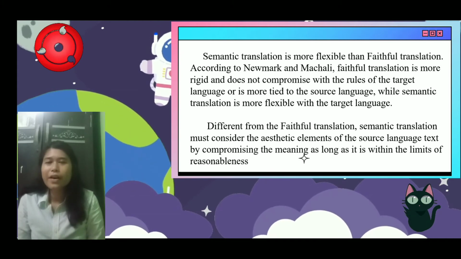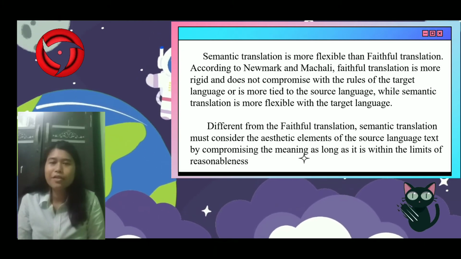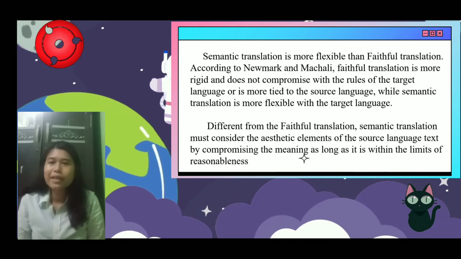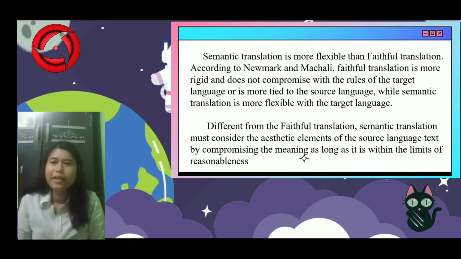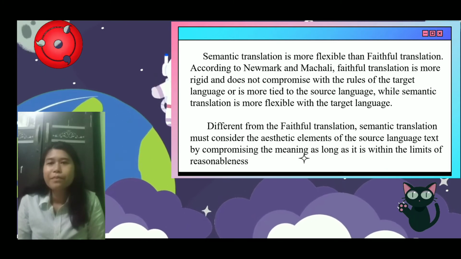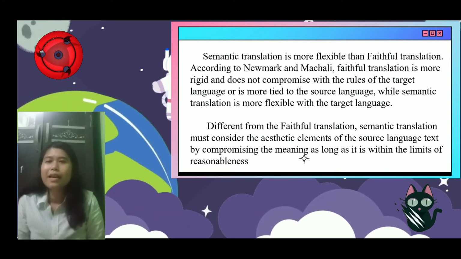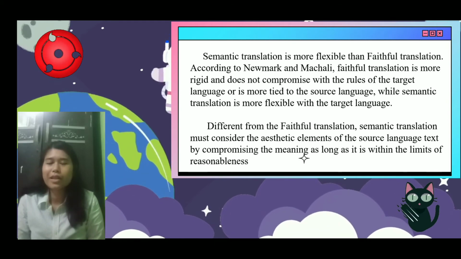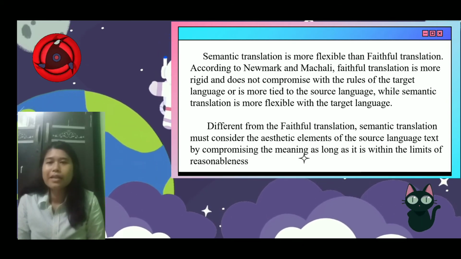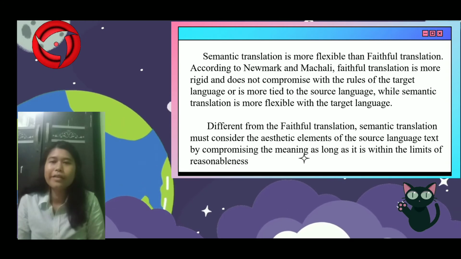Different from faithful translation, it must consider the aesthetic elements of the source language text by compromising the meaning as long as it is within the limits of reason.